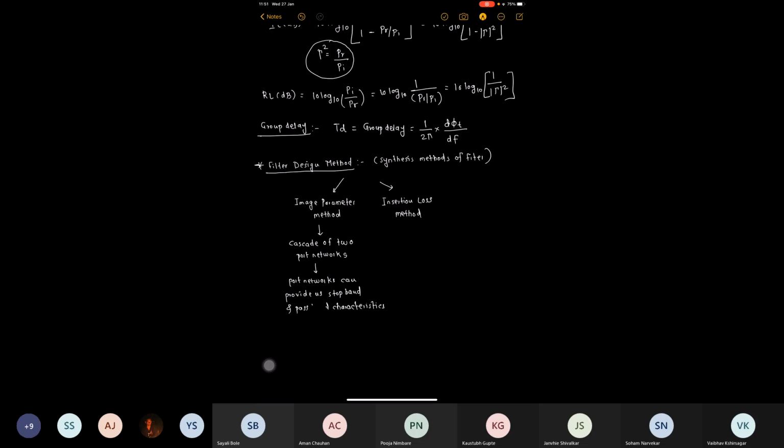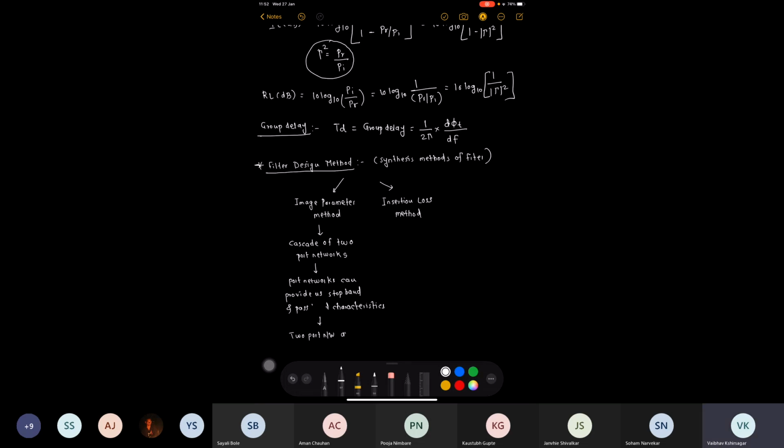So here I will write: two-port networks are represented by transmission parameters.